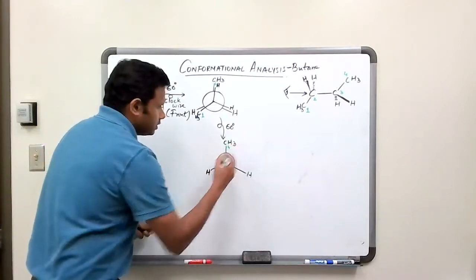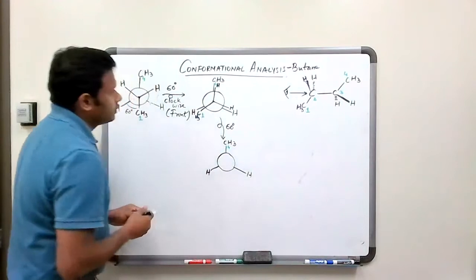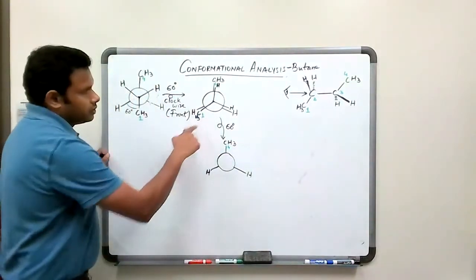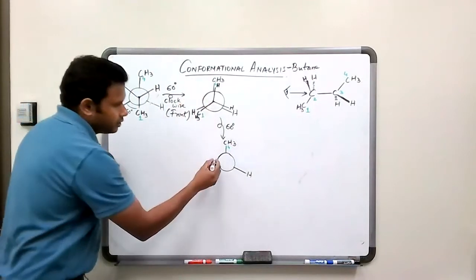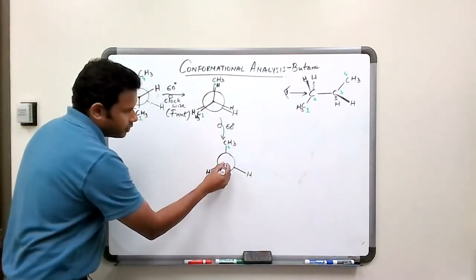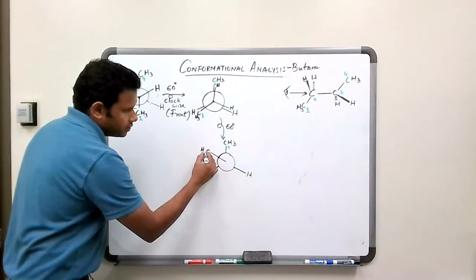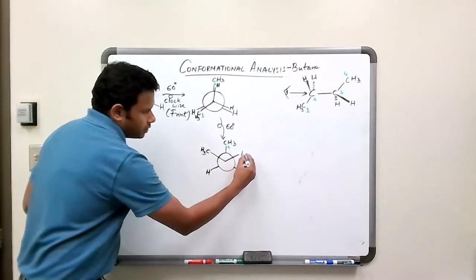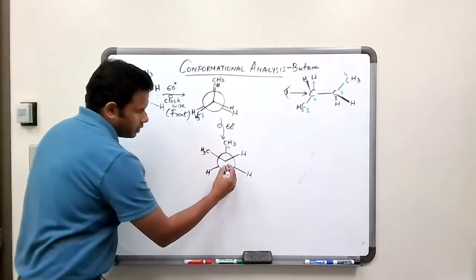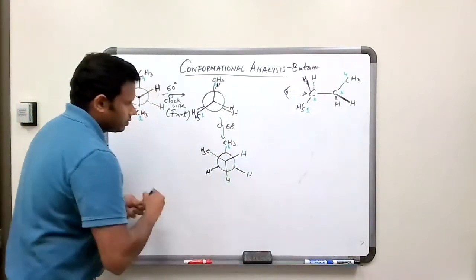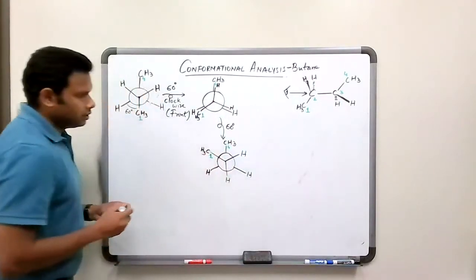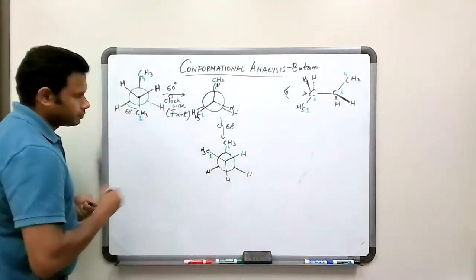That's C4. Now, 60-degree rotation. So this CH3 is going to come up here. Okay, from the front carbon, we have CH3 here. Hydrogen will go there, and the other hydrogen is going to come down here. Okay, so we have now C1 and C4.